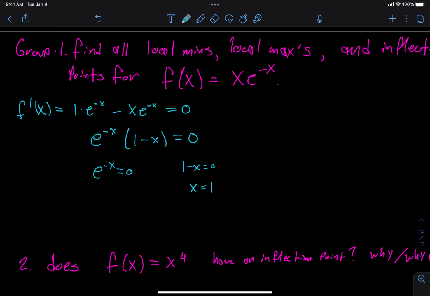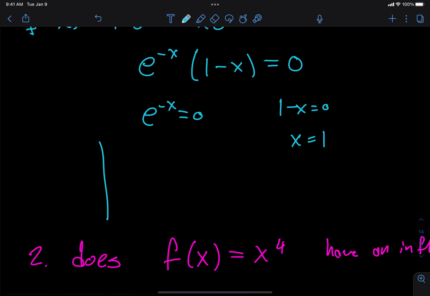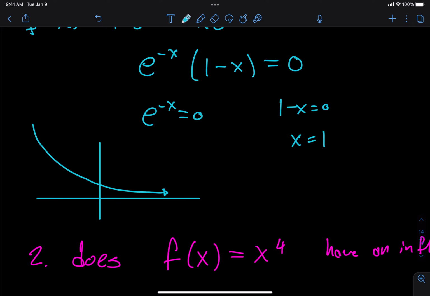You can see it graphically, which is, what does the e to the x function look like? It has an asymptote at 0. So its height is never going to be equal to 0, because it just gets closer and closer but never touches.